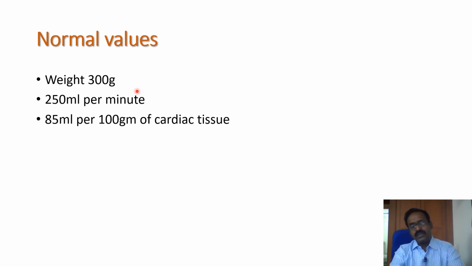It is the second organ to receive the most blood supply; the first organ is the kidney. It has a high oxygen consumption, 9.2 ml per 100 gram of tissue per minute.